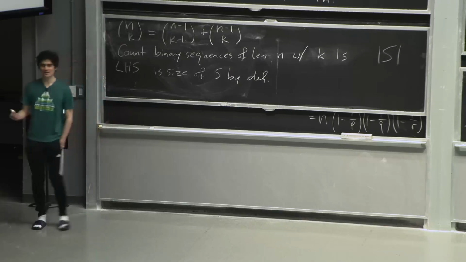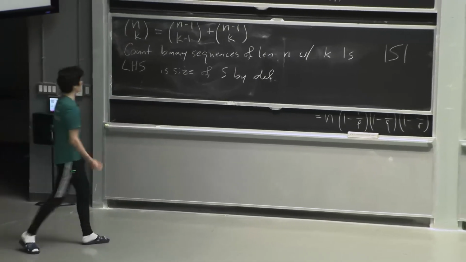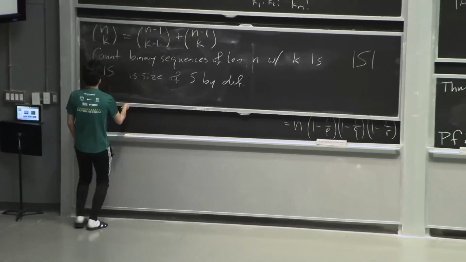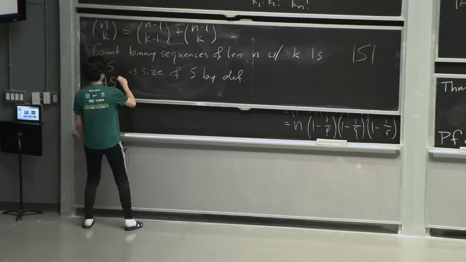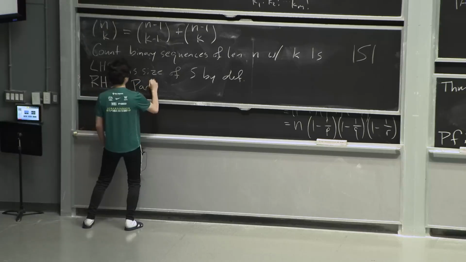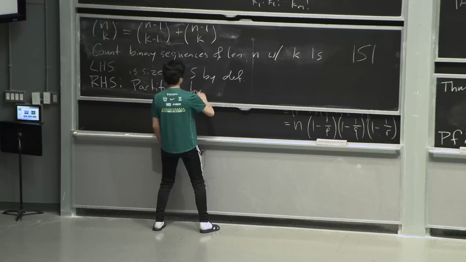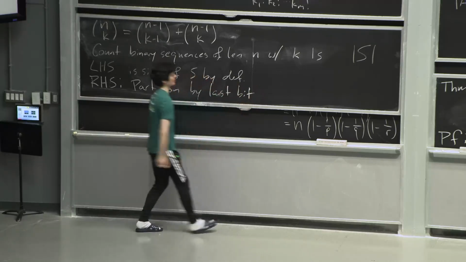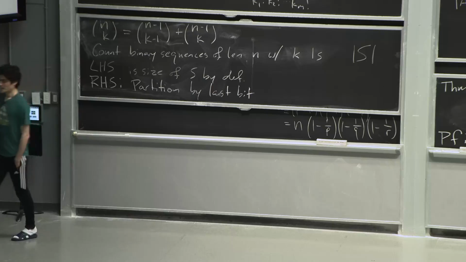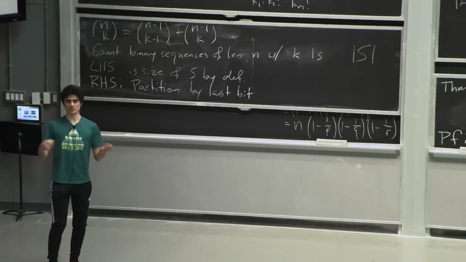Well, we're going to look at the last bit of the sequence. So we've got two cases: the last bit can either be 0 or 1.